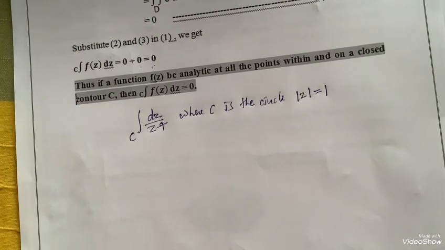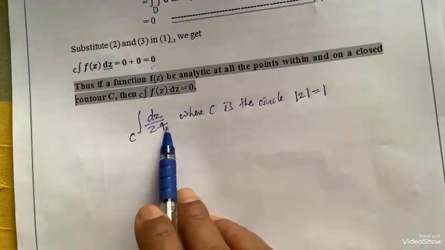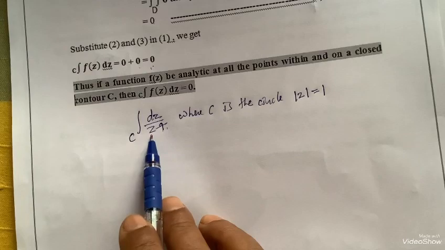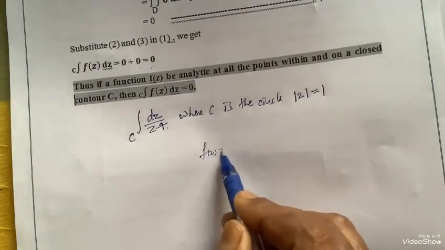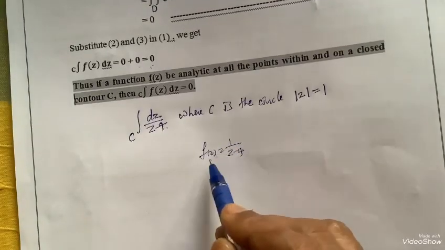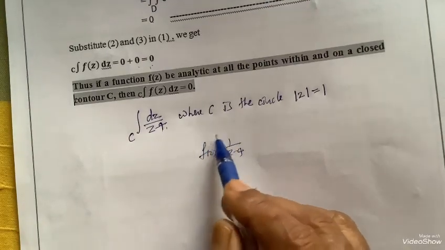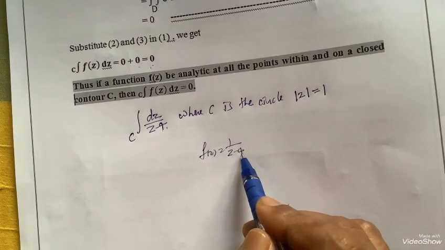Here it comes now, so you have to remember. Here 1 upon z minus 4 is f(z), but at the point z is equal to 4 it becomes infinity. So, it is not analytic at the point 4, only at the point 4.